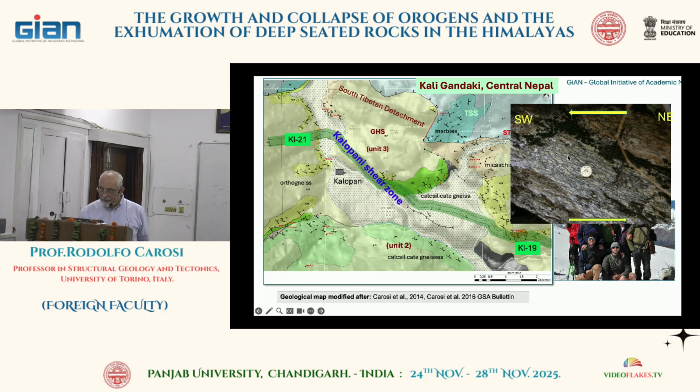Here are the orthogneisses of the upper part of the Greater Himalayan sequence, deformed by mylonitic foliation with more or less SC structures and rotated porphyroclasts with a top to the southwest sense of shear, so a contractional shear zone.